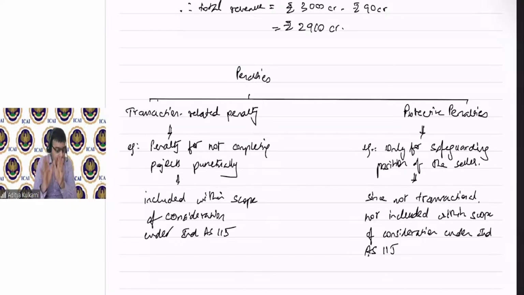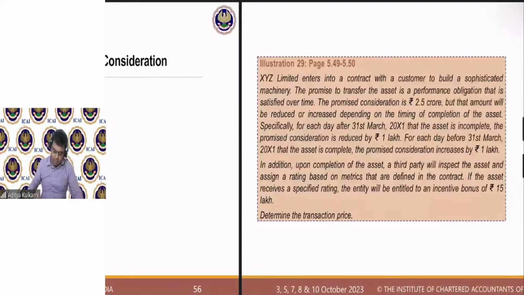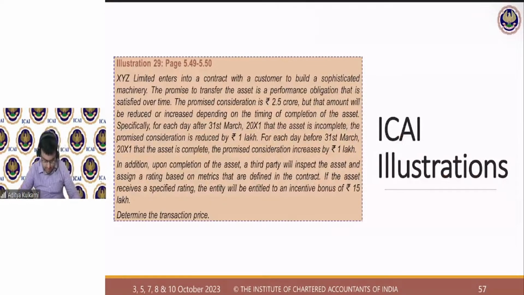Are you able to understand variable consideration now? Okay, Mofita has confirmed. Manan has confirmed. Shankar has confirmed. I think Rajiv, Vanshika also have confirmed. Vimal has confirmed. Okay, so now we come to questions.